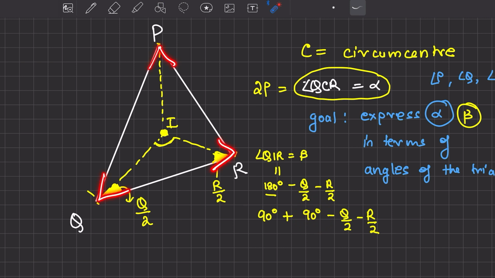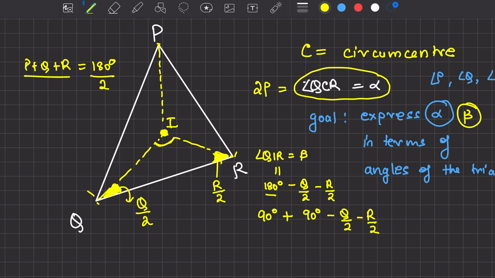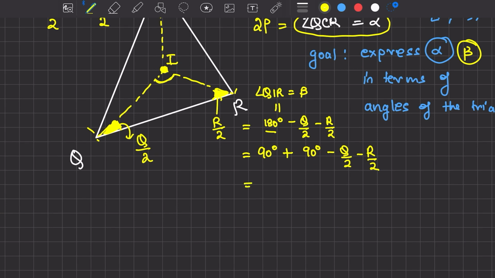Three angles of the triangle P plus Q plus R add up to 180 degree. So if you divide it into 2, P by 2, Q by 2, R by 2, that's exactly what 90 degree is. So this one turns out to be 90 degree plus P by 2.